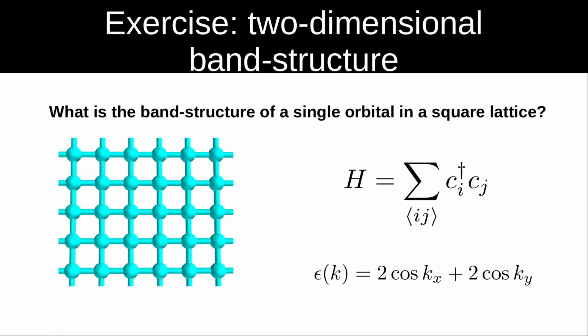Then if you follow the same procedure for the y direction, you pick up the phase in the y direction once again. And this gives rise to an additional 2 times cosine of ky, or phi y, depending on how you write it. This is the dispersion relation of the two-dimensional square lattice.